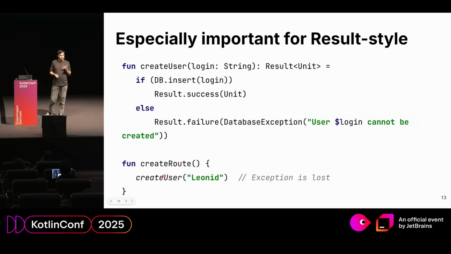If we call this function and do not check its return value, then we simply lose an exception. We simply lose our error. And this may result in some strange consequences for users, or even losing their data or something like that.